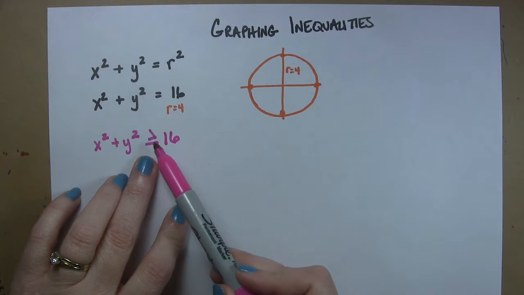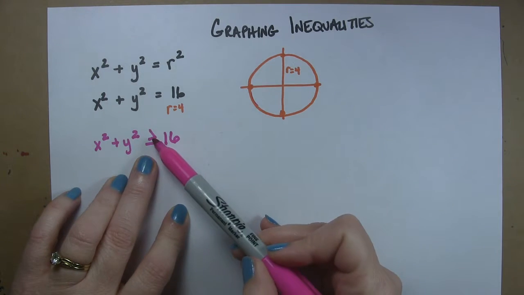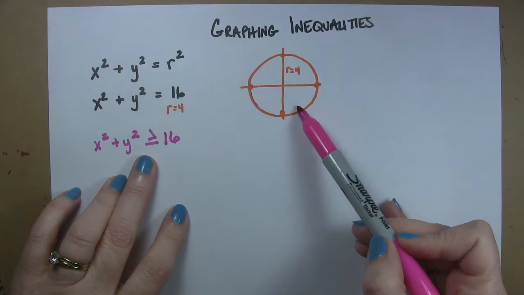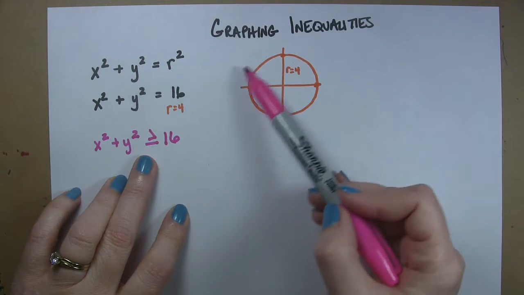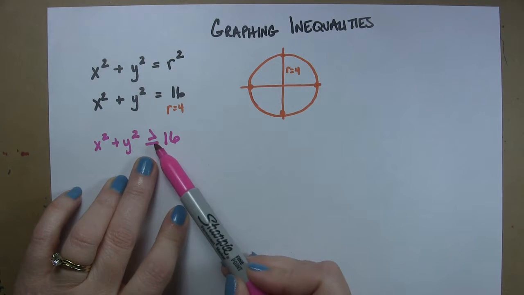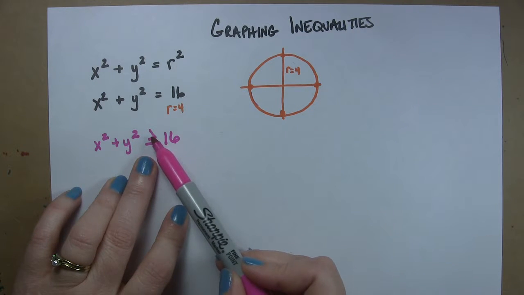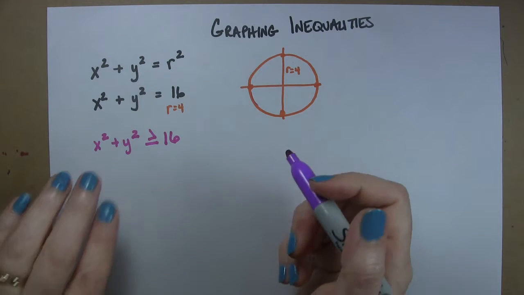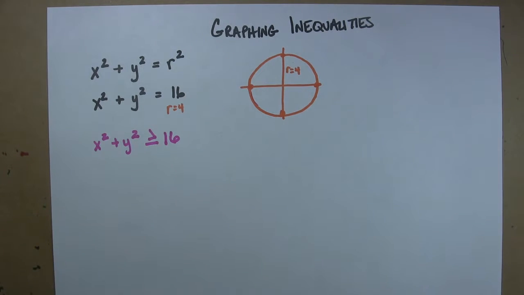Now, since it's greater than or equal to, you get to figure out if you are including all of the points inside of the circle, or all the points outside of the circle. We know we're including exactly the circle because it's equal to that, and we still have an equal sign here. But what points would make it greater than 16? Well, in order to figure this out, we do a little bit of educated guessing. I'm going to pick a point that's easy for me to calculate, and the point I am going to pick is (0, 0).